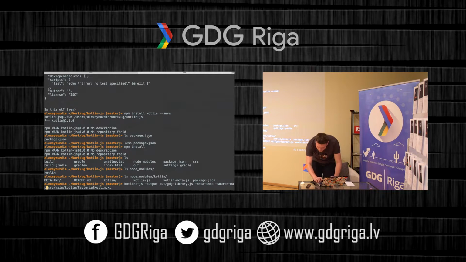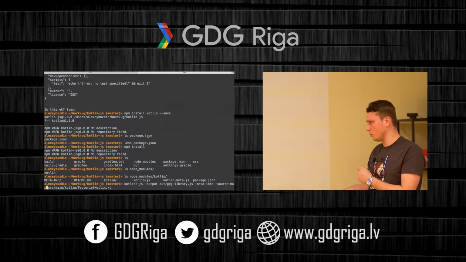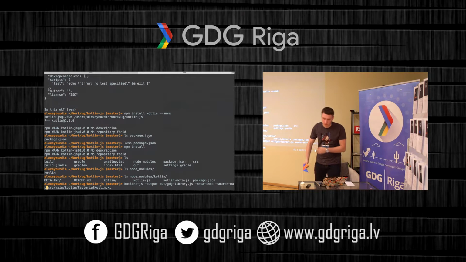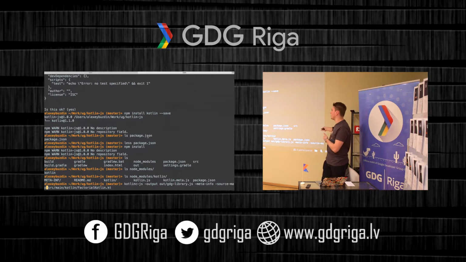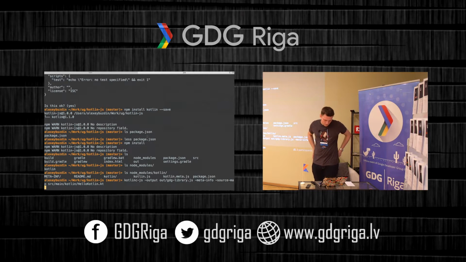Here is an additional parameter, as you can see, that I'm using source maps. So we could debug it with a common source map API, like we do with TypeScript or CoffeeScript or other stuff that transpiles into JavaScript. You will actually be able to debug both from the Chrome debugger and from IntelliJ or whatever other IDE you're using. And here, I just provide the hello Kotlin KT file. Let's transpile.